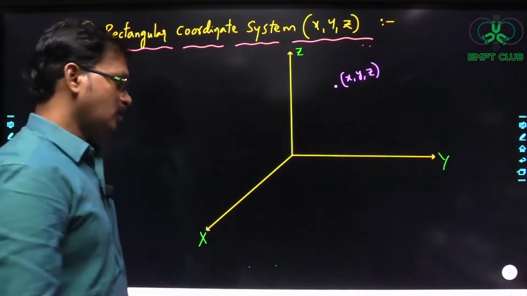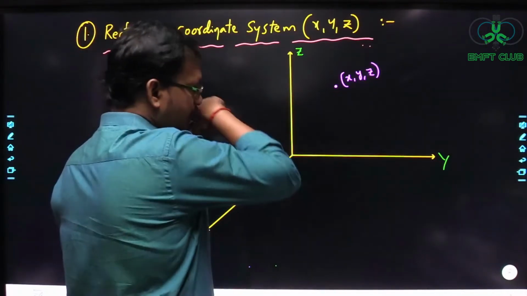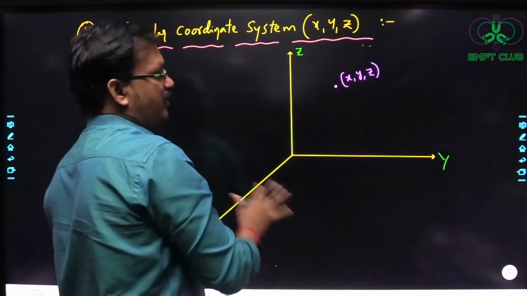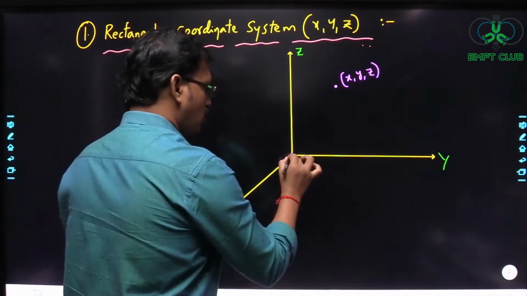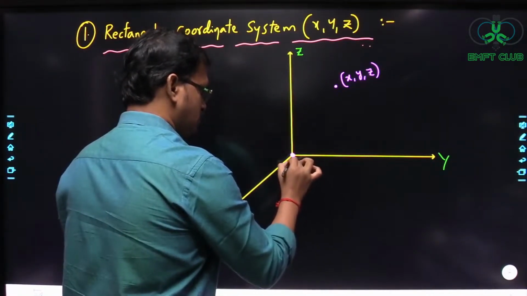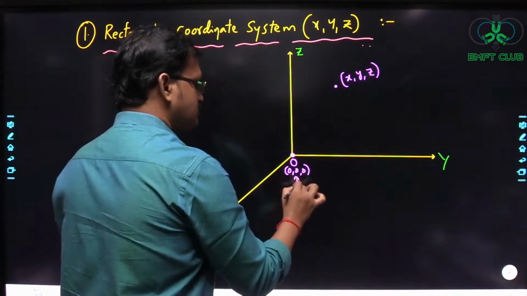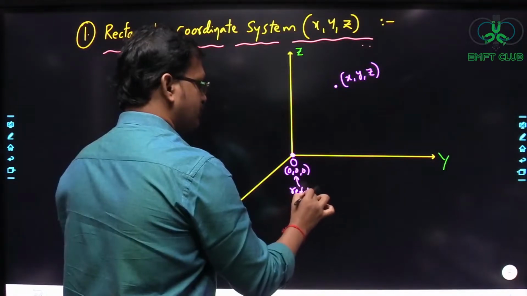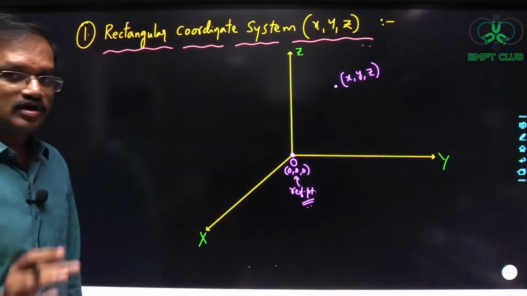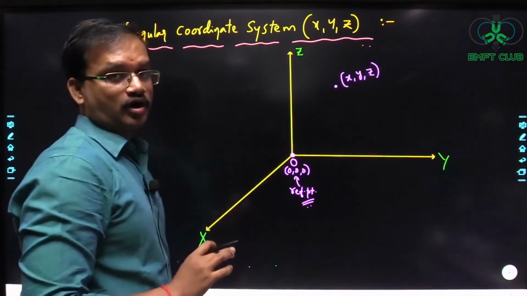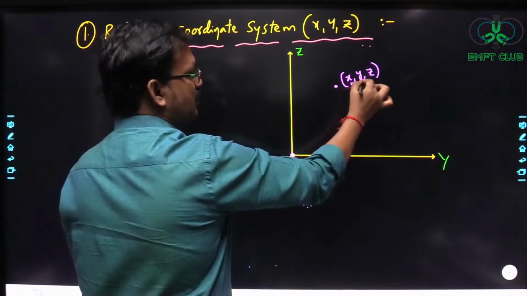Now we are going to represent any point in the rectangular coordinate system with respect to what? With respect to the origin. We will consider this origin as our reference point. So we measure any point in three-dimensional space with respect to the origin. Here this point we have represented with x, y, z.